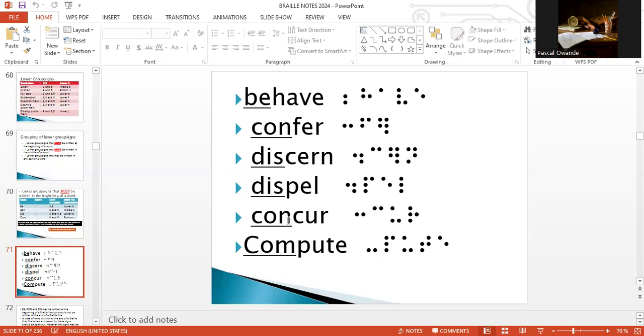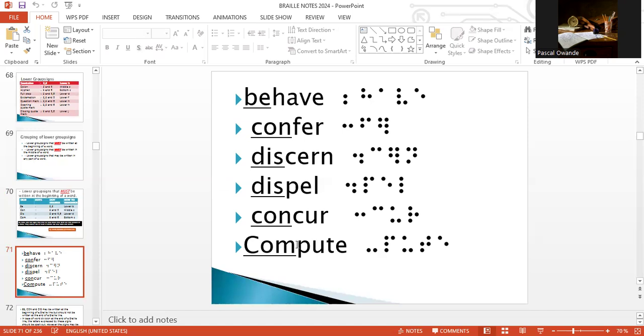Then we have the word concur. Concur will contract con as bottom C, that is dot 3 and 6, spell C, spell U, spell R.